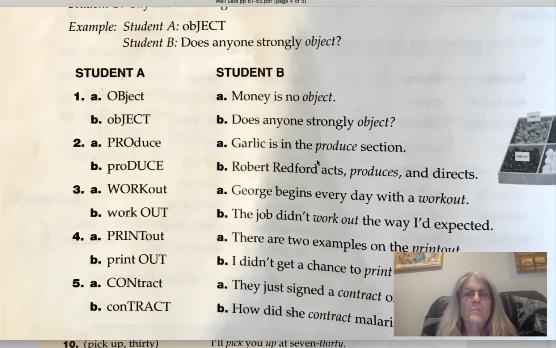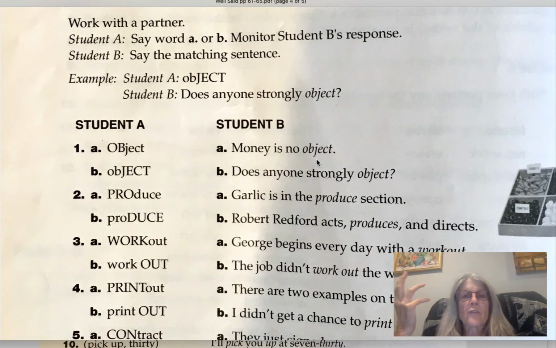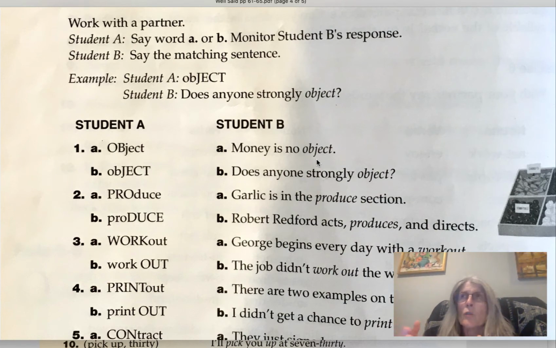Okay. So in student, here, you would do this with a student, but it depends on where you put the stress. Object. Money is no object. That's a thing you can hold, okay? A goal to attain. And then object. Oh, I object to that.